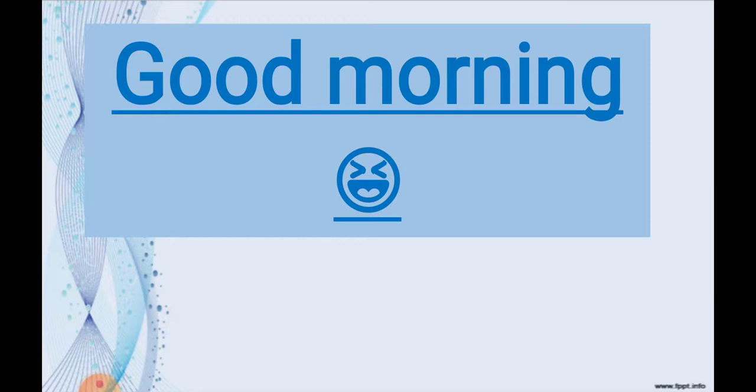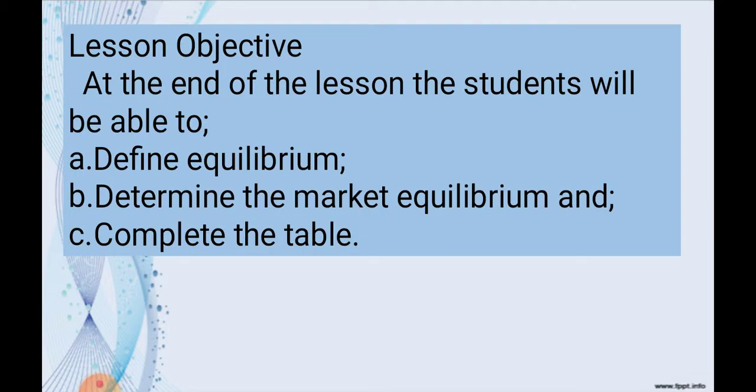Okay, so our objective for today, since this is lesson 3 of our module, is that at the end of the lesson, the students will be able to define equilibrium, since we don't know the definition of equilibrium yet, and determine the market equilibrium and complete the table.